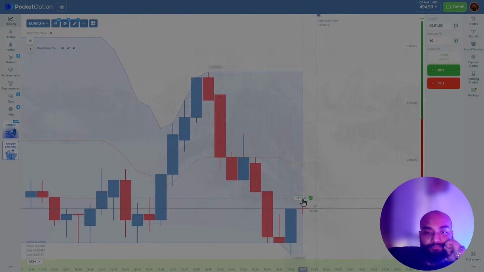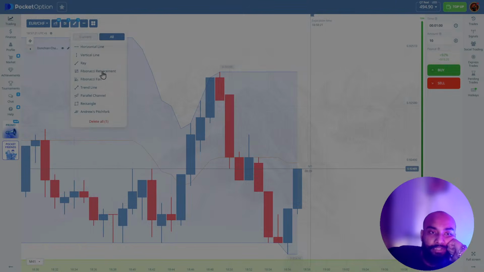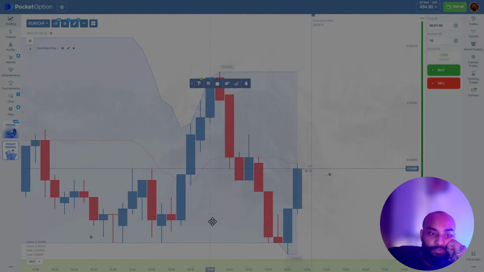Okay, very good. So why I took this trade, right? If you think about it, I could skip this trade, because it has some 50-50 chances.